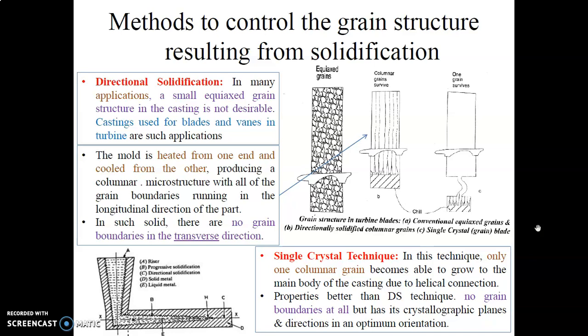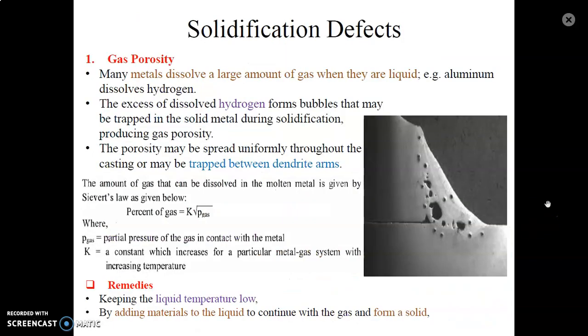But in that case you can use other things like the columnar grain structure, as shown in the figure. So in that case you will get good strength in the longitudinal direction. So as per your application you can also control the grain. So ultimately you will control the mechanical property of the component.